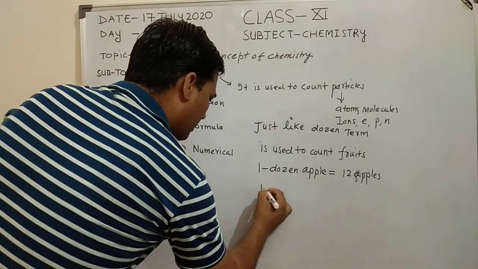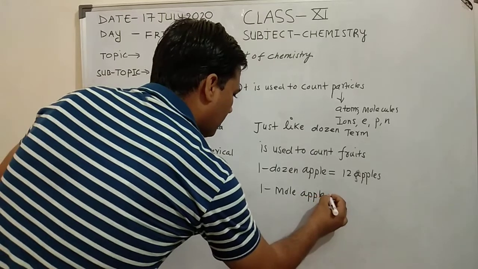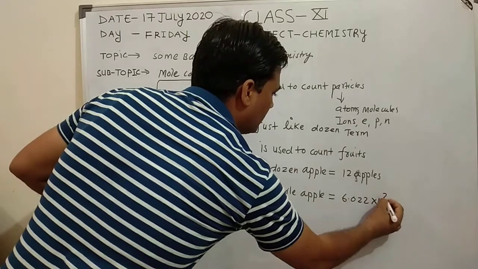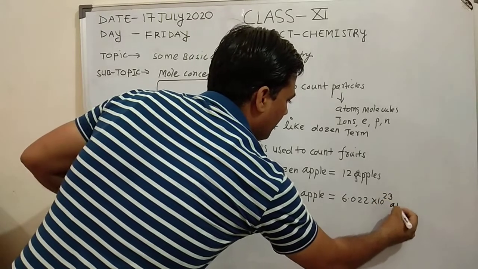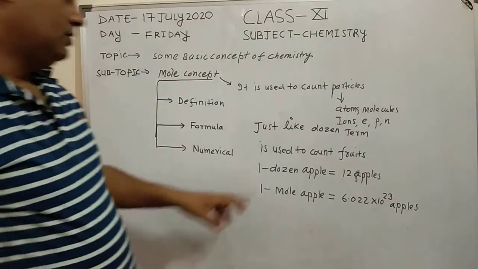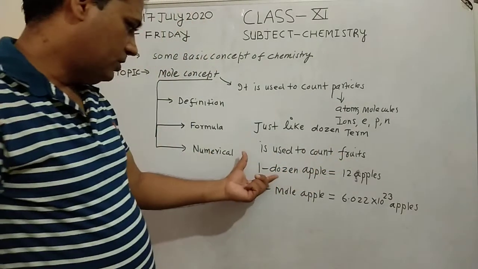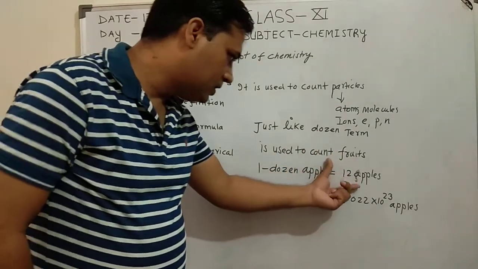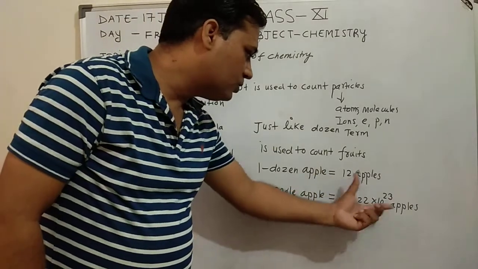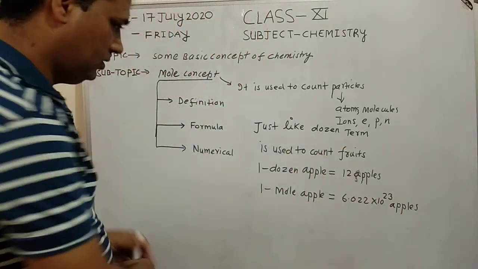So 1 mole of apples is equal to 6.022 into 10 to the power 23 apples. So just like dozen, it is used to count fruits, because 1 dozen is equal to 12 apples, 1 mole of apples is equal to 6.022 into 10 to the power 23 apples.